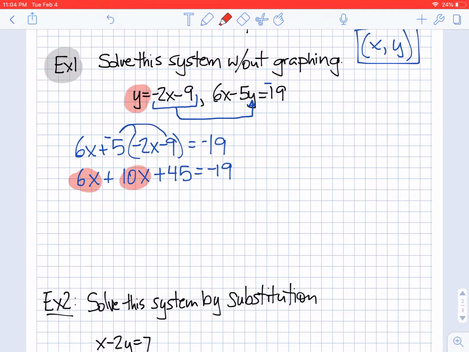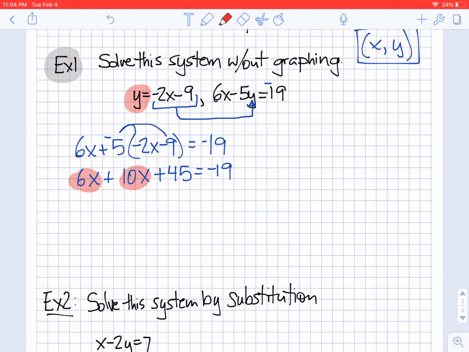Finally, we are going to subtract 45 from both sides. I believe we're going to get negative 64 here, right? Negative 19 minus 45 is negative 64. On the left side, we're left with the 16x.